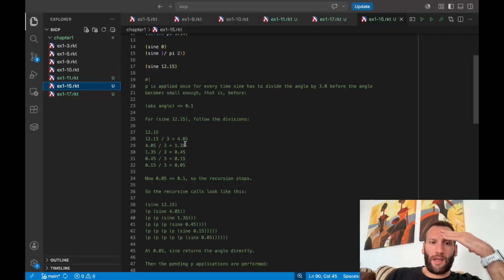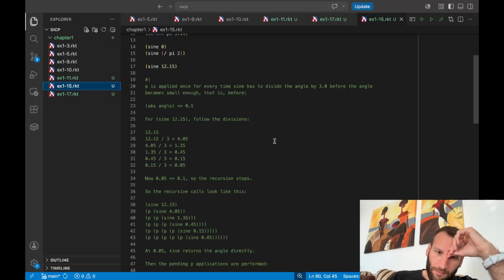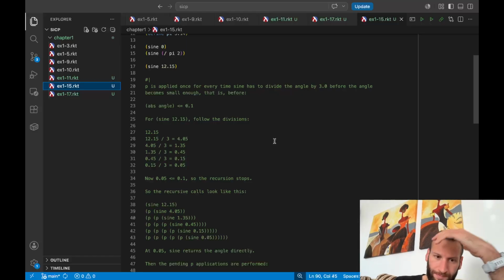So for sine of 12.15, we have the following divisions. We have a first division that gives us 4.05, then another one, and we have 1.35, another one, and we have 0.45, another one, and we have 0.15, and another one, and we finally have 0.05, which is less than 0.1, and in this case the recursion stops.